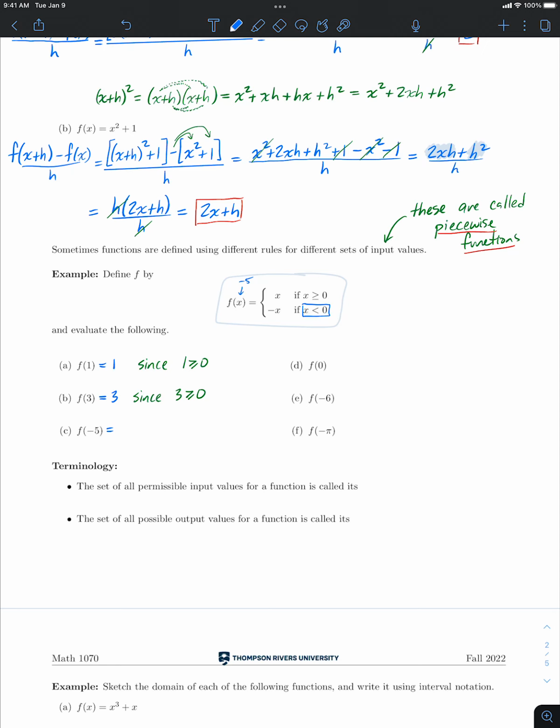Because negative 5 is less than 0. So what that means is you're going to plug x equals negative 5 into this expression instead. So we're going to have negative, because of that negative in front, but then x itself is equal to negative 5. So we have negative 5.